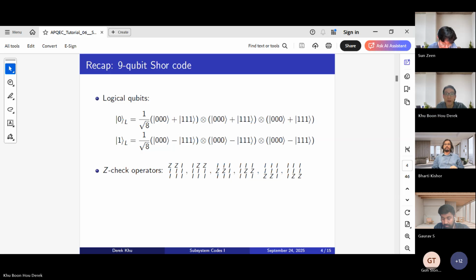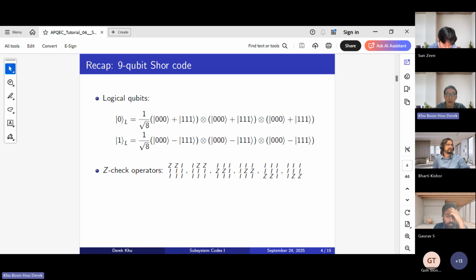The Z-check operators for this code are given by these operators. I've arranged the 9 qubits in this 3x3 block. So these first 3 qubits will be these 3, and then these next 3 qubits will be the next 3, and the last 3 qubits will be the last 3 in this block. Over here, the Z-check operators are given by these ones.